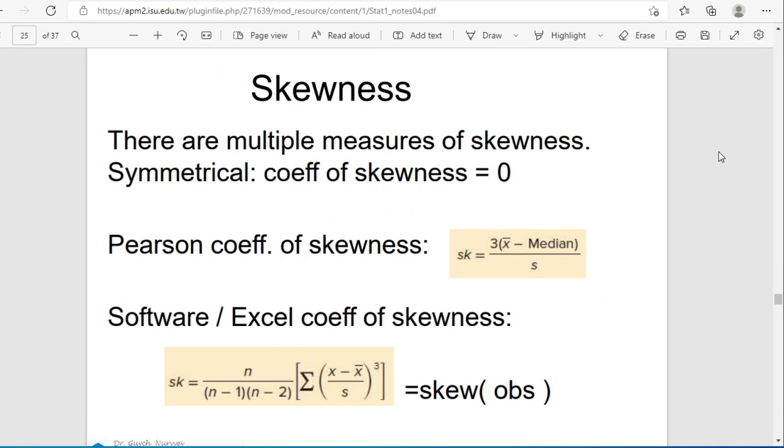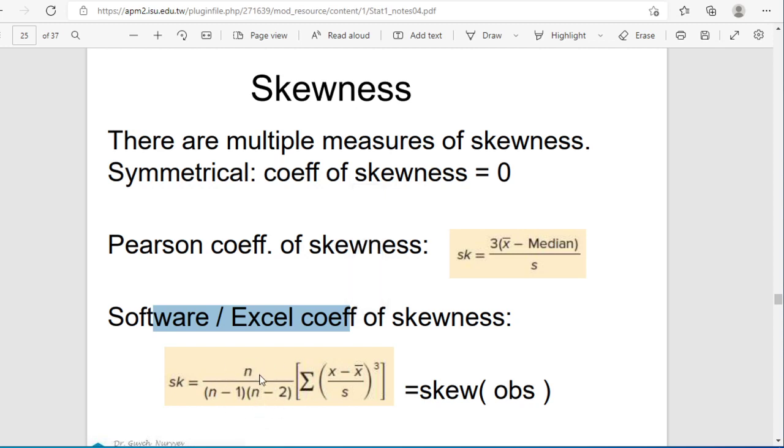So how do we actually calculate the level of skewness? Well, we're going to use a couple of different formulas for that. The relatively common formula is the Pearson coefficient of skewness. Here's the formula. And of course, in Excel, we have the software option, which is not the Pearson coefficient. So that's a little bit different formula that Excel uses.